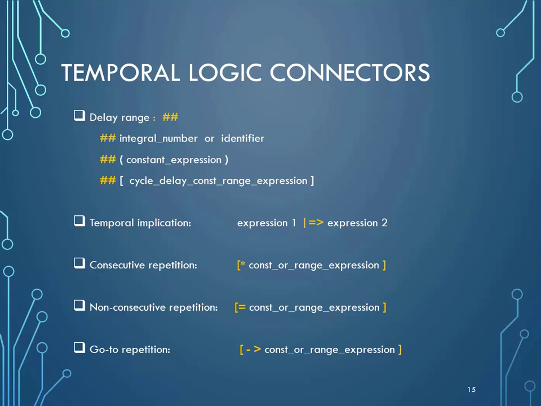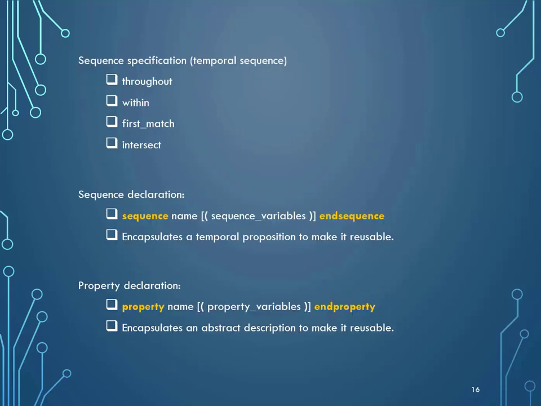GoToRepetition not necessarily needs to be non-consecutive. Slight difference, but important. Also, we have some constructs that help us to build more complex sequences, like throughout statements, within, first match of a sequence, intersect of two sequences, for example. We will go over into details with these ones, okay?